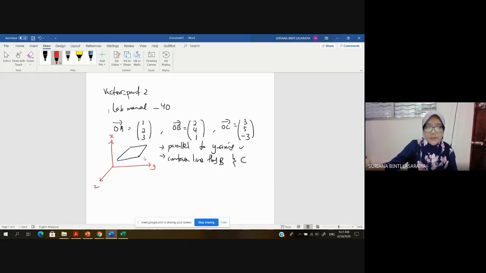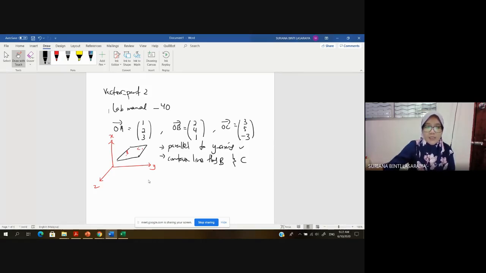Okay, ini x-axis maksudnya dia parallel dekat y-axis. You understand? And dia contain B and C kan? So B somewhere di sini lah. B, C. Gitu. Boleh? Yes. Boleh ya?